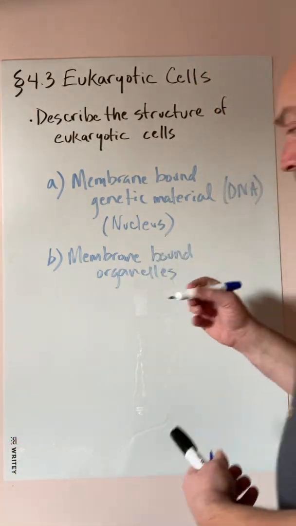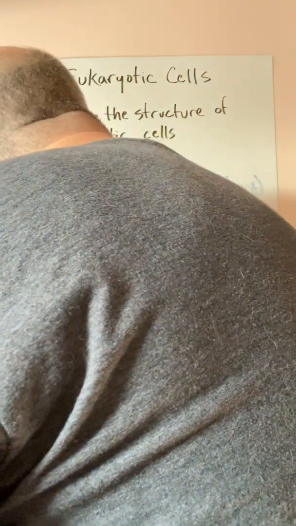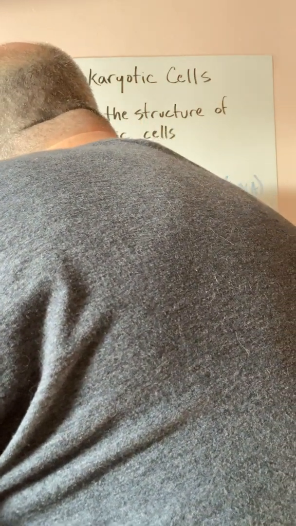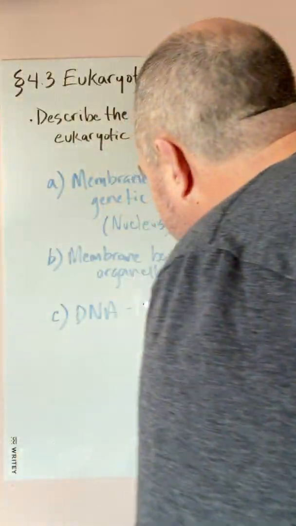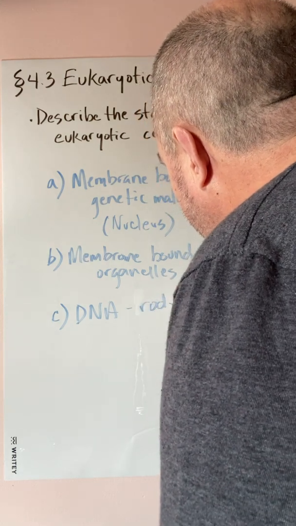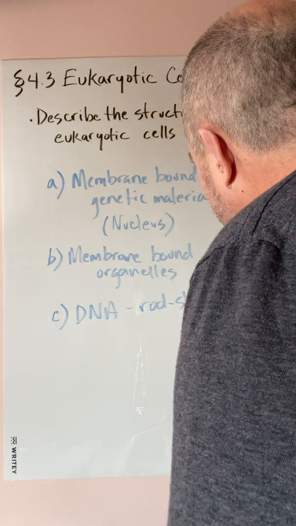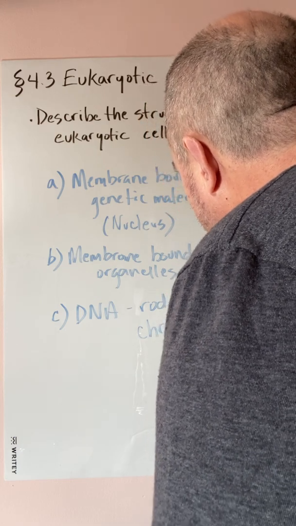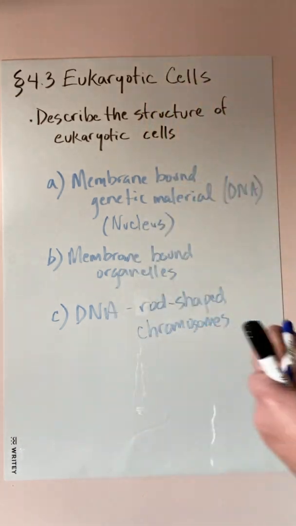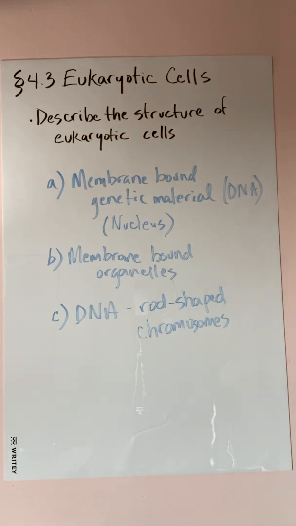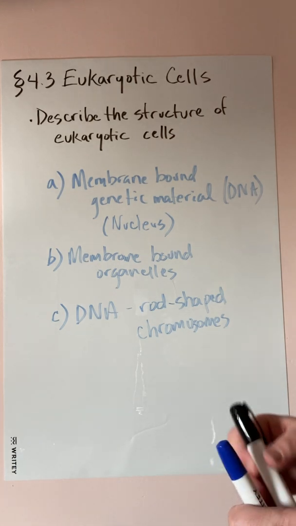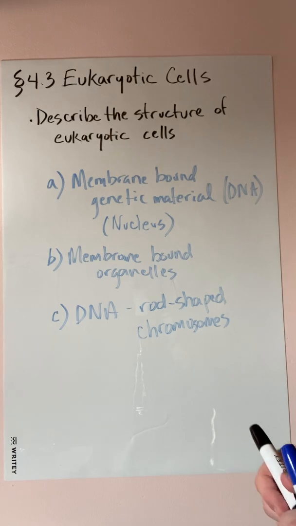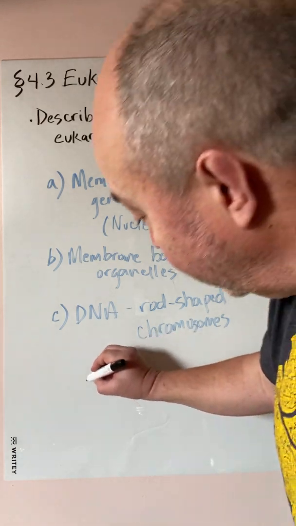And then third, that DNA is on rod-shaped chromosomes. So you've often heard DNA being described as a double helix, but then we bind that DNA up onto proteins.